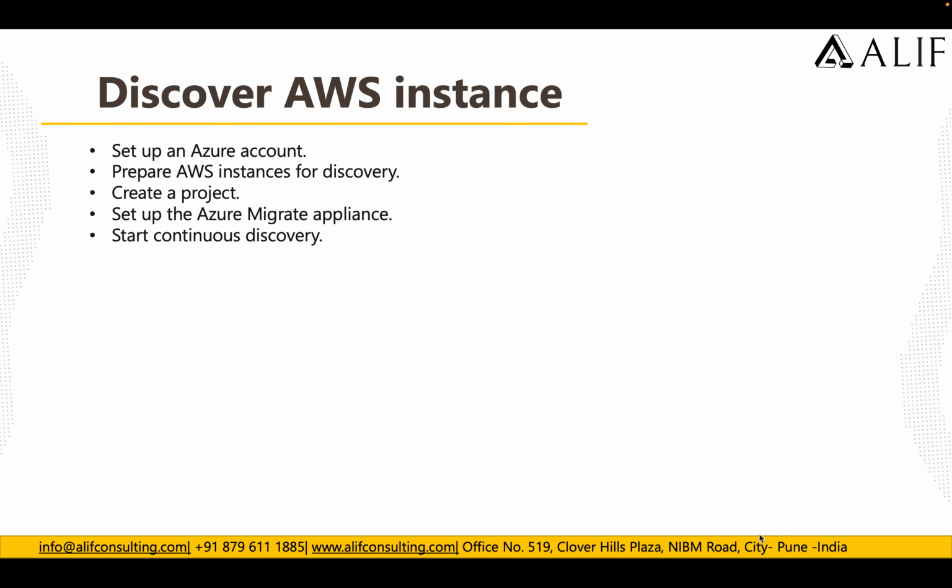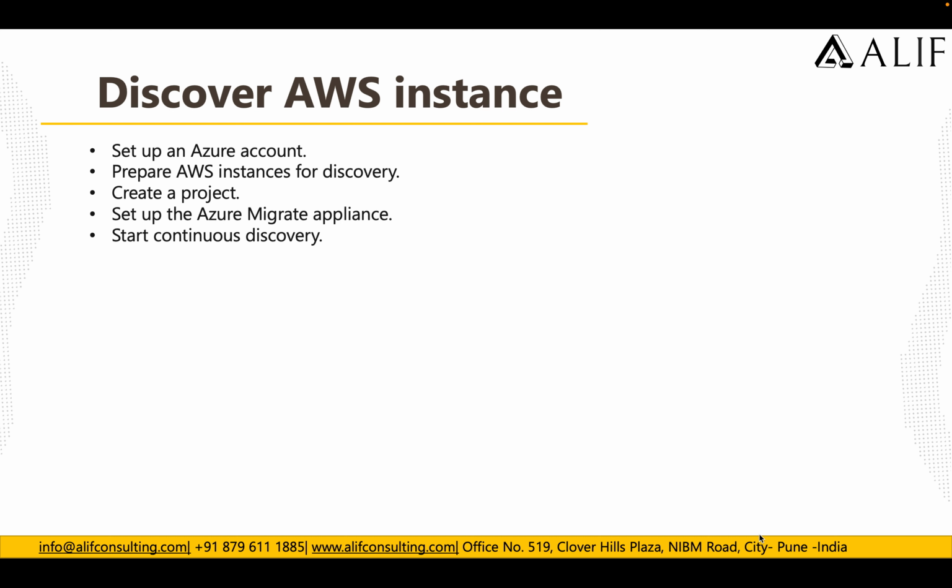Now, when you discover the AWS instances or virtual machines, these are the steps you need to perform on both sides. First, you need to set up your Azure account. Second, you need to prepare your AWS instance for discovery. Third, you need to create the project on Azure Migrate.